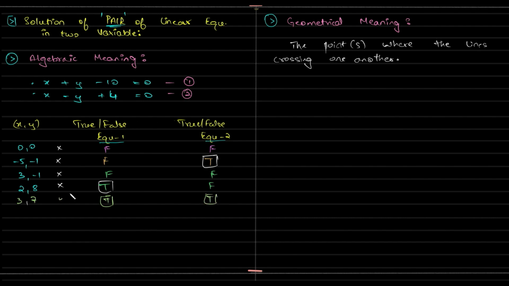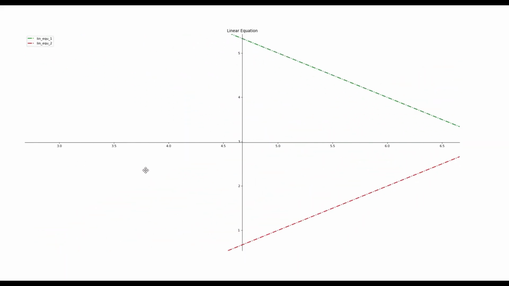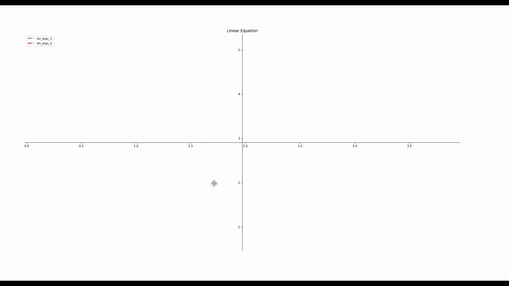It makes sense. But what about these values, minus 5, minus 1 or 2,8? I mean, it's making sense for one but not for the other. Why is it so? So let's have a look at that. We have 2 over here and 8 will be upper.